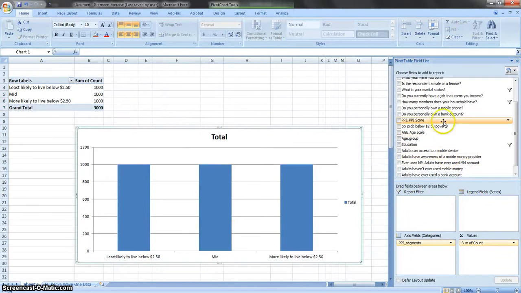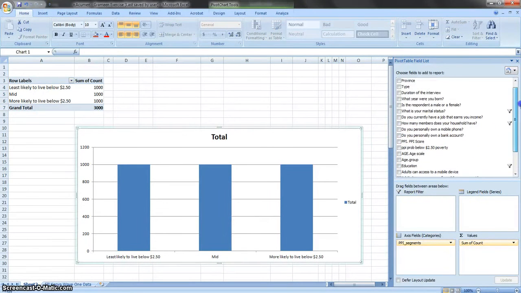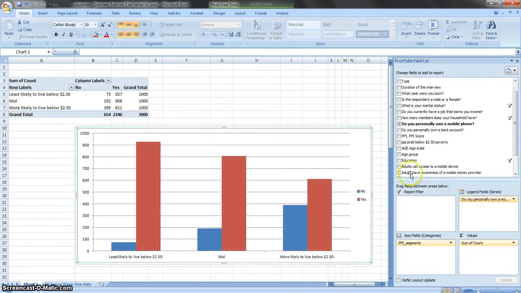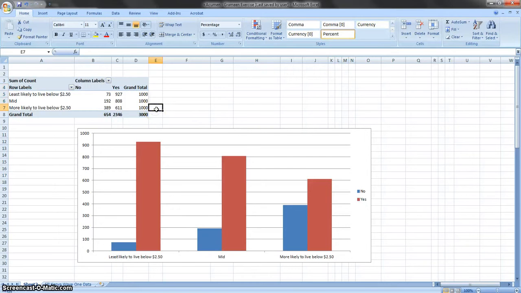And now we're going to check if they own a mobile phone or not. And again, you could see that the least likely to live below the 250 line have more penetration of mobile phone owners than the ones who are more likely to live below 250.